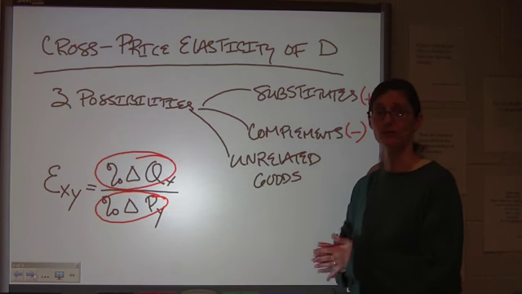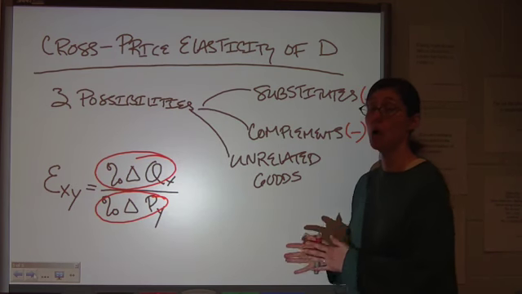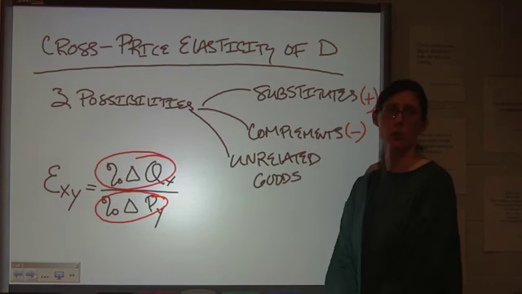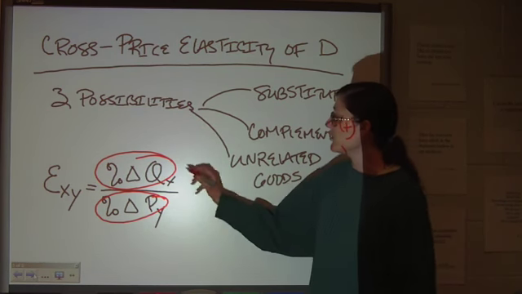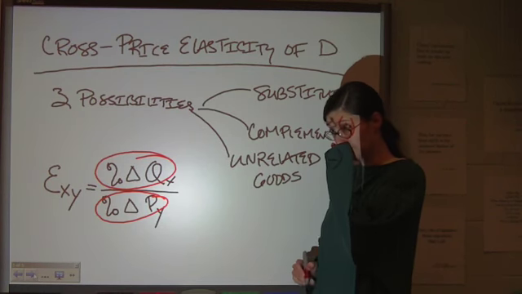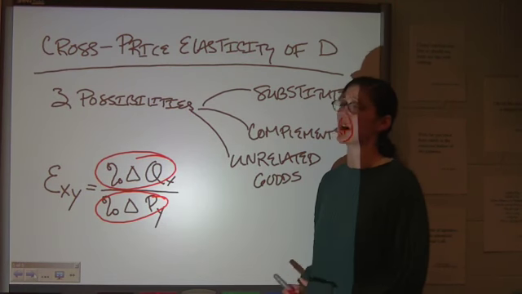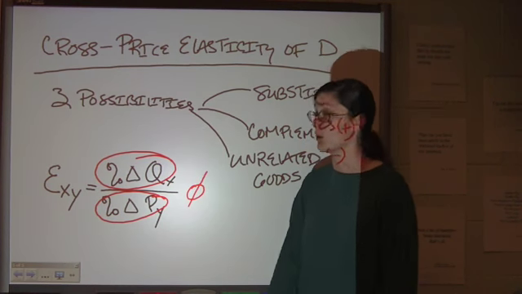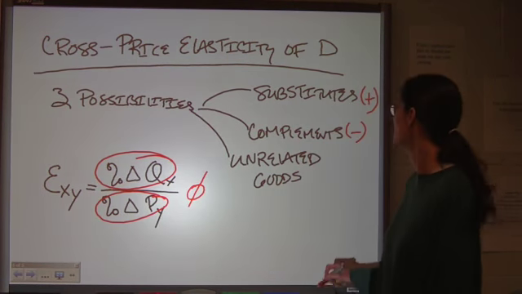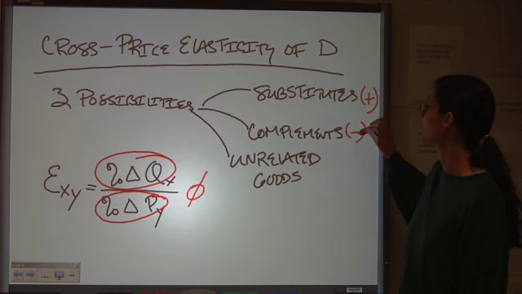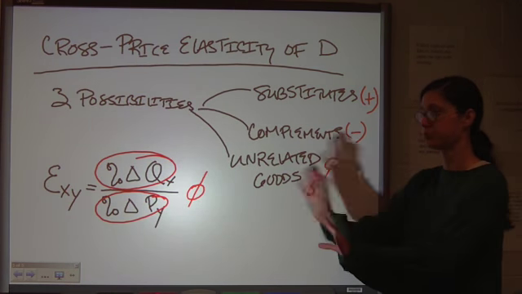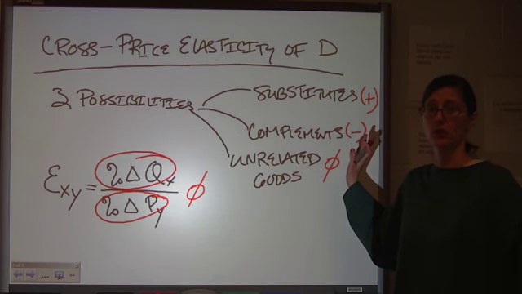I would not expect those to have much of a relationship. Anyhow, two goods that have no bearing on each other whatsoever in the market. Then when you work this equation, percent change of one, quantity change of the other, you're going to get something very nearly zero. Okay? So if it's positive, they are substitutes. Negative, they are complements. Zero or almost zero, they have nothing to do with each other whatsoever.